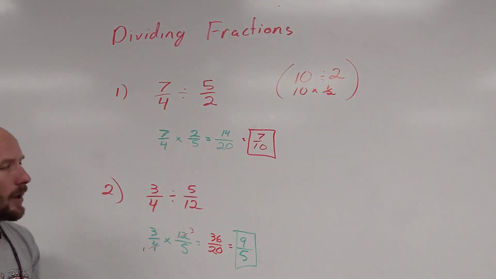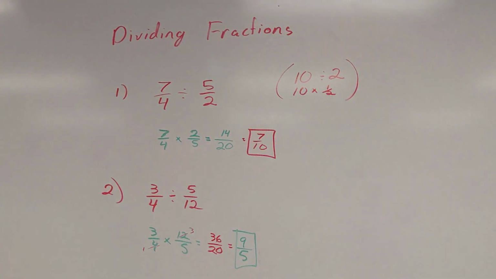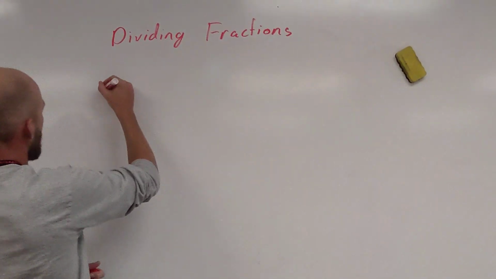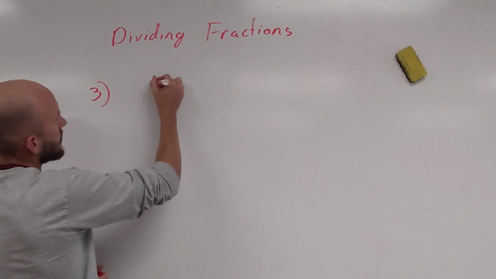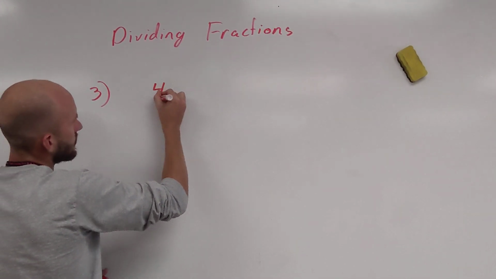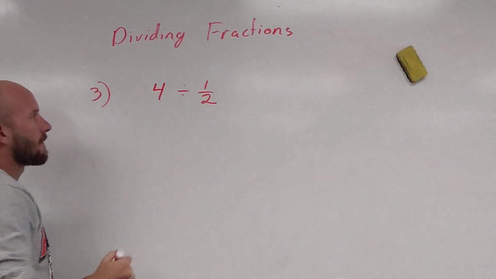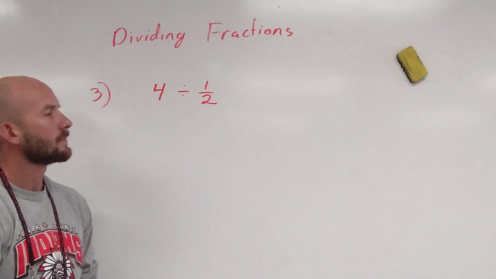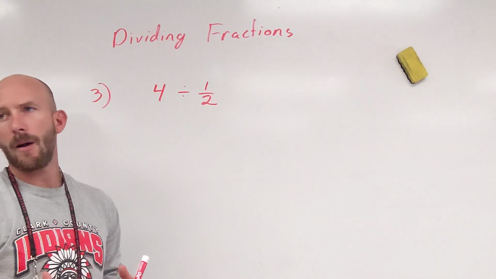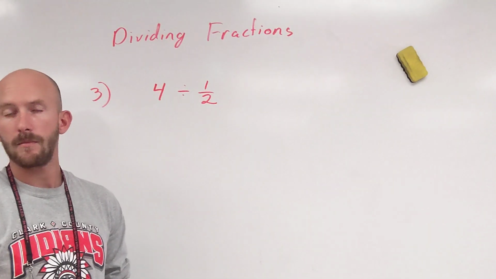All right. We're going to have just a couple more examples. We'll keep it pretty short today. I'm going to do a whole number divided by a fraction. Anytime I'm working with fractions and I've got a whole number, how do we deal with that?